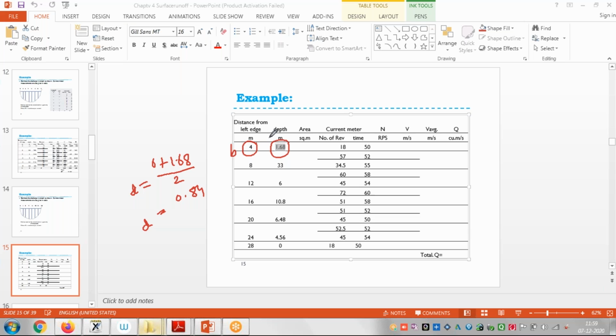This is B. This is our D. D means that is average, not only this one. So if we multiply 0.84 by 4, we will get the area. How much is 0.84 multiplied by 4? 3.36. So here directly we can write 3.36, right?